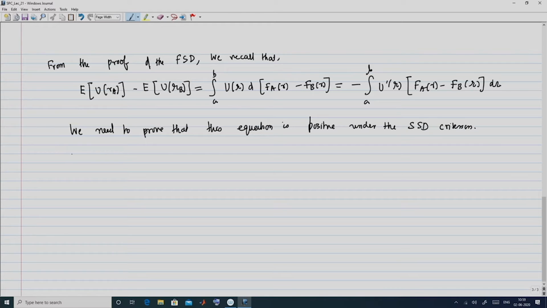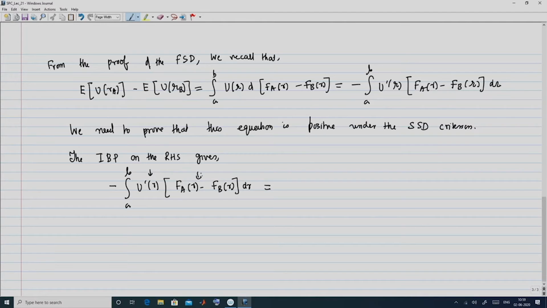In order to achieve that, we use integration by parts, which I will denote by IBP, on the RHS of the above equation. This gives us minus integral a to b u prime of r, F_A of r minus F_B of r dr. I will take u prime as the first function and the difference as the second function.